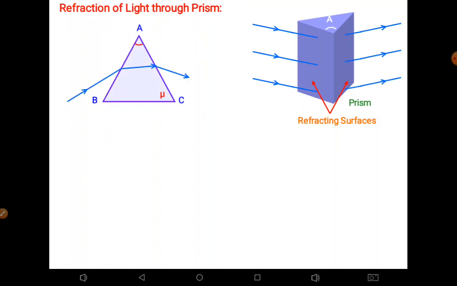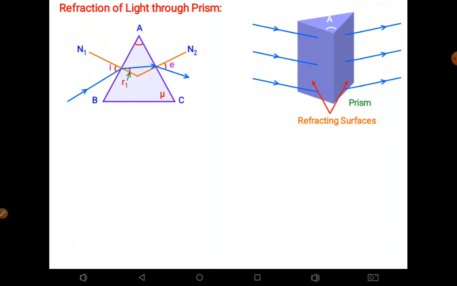So this is the incident ray. See, it passes through surface AB and emerges out from surface AC. The glass prism has a refractive index mu. N1 and N2 are the normals.